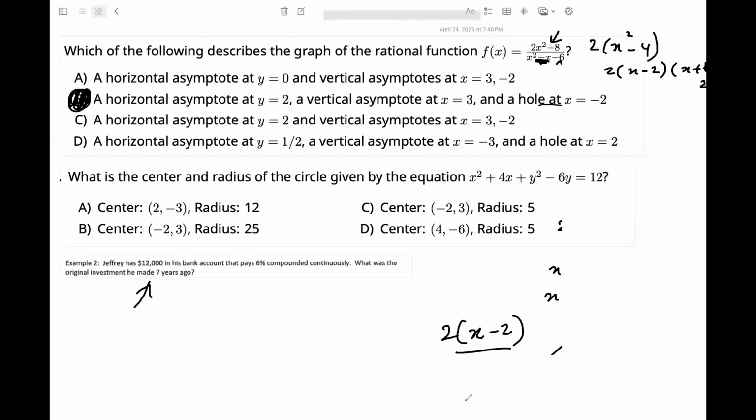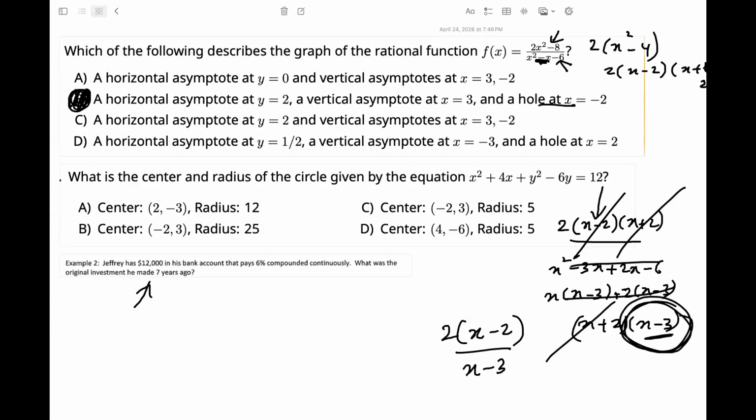So basically both the degrees are the same, right? 2x minus 4 by x minus 3. Since the degrees are the same, you will go with m by n, right? So your horizontal asymptote is at y equal to 2. This is correct. Vertical asymptote at x equal to 3, hole at minus 2.